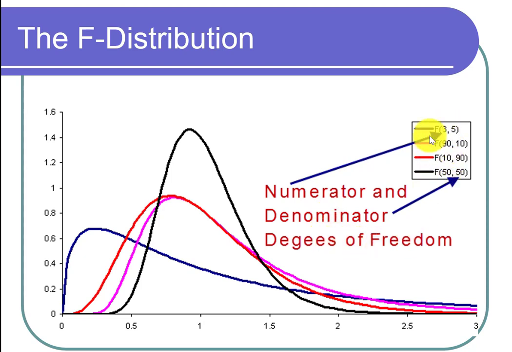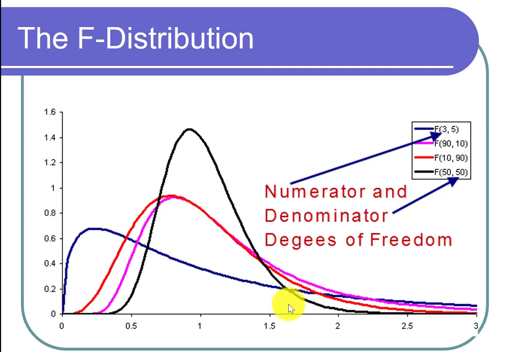So if, for example, you have 3, 5, that's this one here, and it's, you'll see, very much skewed to the right. Whereas if you had 50-50, that looks very normal. I'm not going to get into the details of the equations or anything other than letting you know that there is this distribution called the F distribution. So the test statistic for an ANOVA test will be the F test.